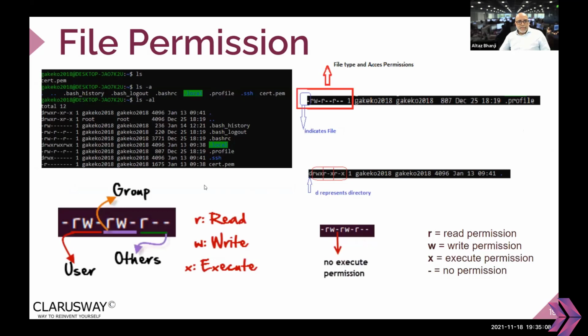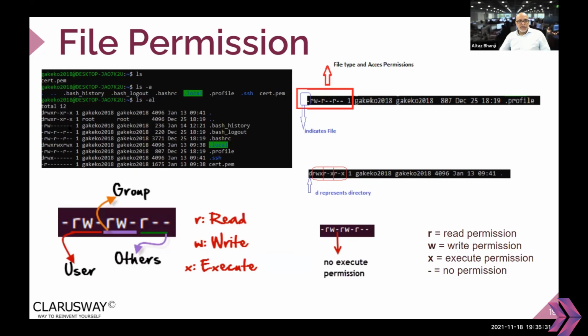All right. So if we look at the actual output of the ls -l command, what we see here are the permissions on the leftmost side, and you can see there are 9 + 1, 10 spaces.